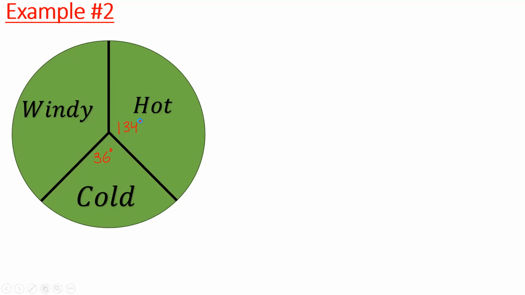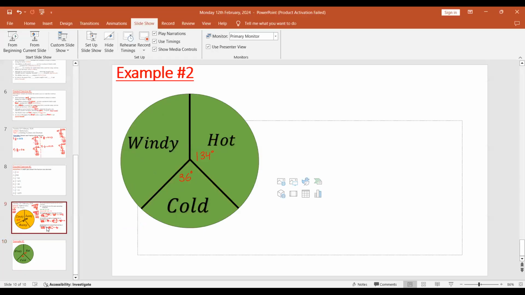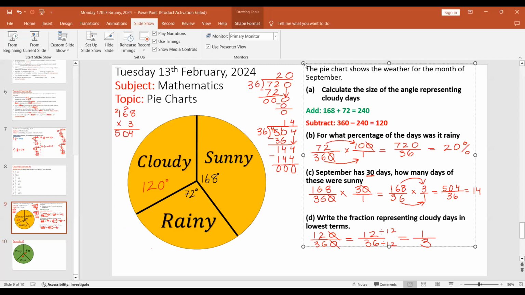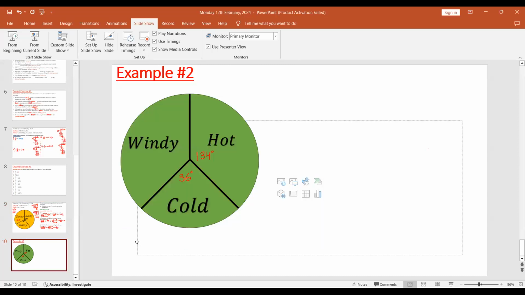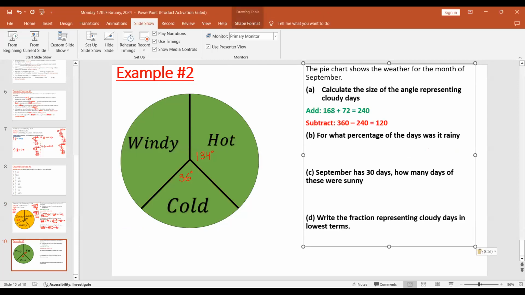And let's begin with the question. We're going to still keep it for September, but the pie chart shows the weather for the month of September. We're going to calculate the angle representing not cloudy days, but windy days. Windy days.